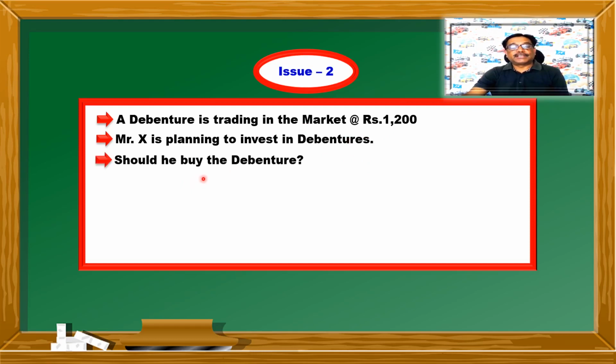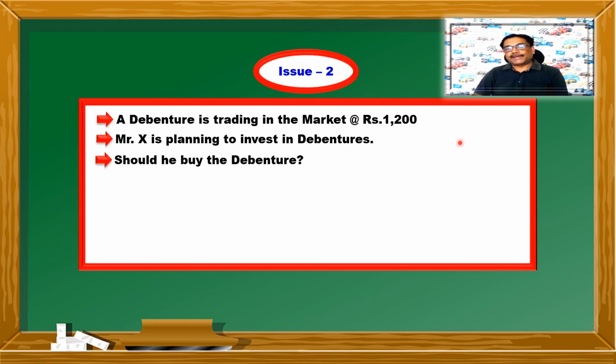The question is, should he buy the debenture? The answer may be yes, the answer may be no, the answer may be it depends. Actually, yes is not a good answer. No, it is not a good answer. The better answer would be it depends.